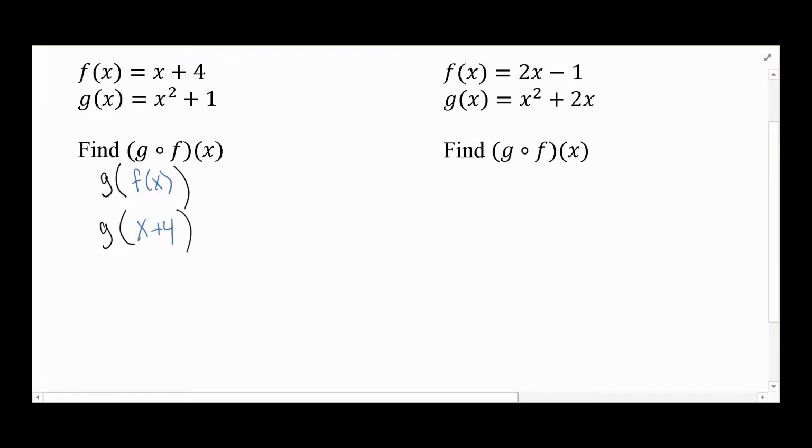And in this case, the g function is saying, whatever you're plugging in, square it, and then add 1 to it. That's what the g function is telling you to do. So remember, anywhere where there's an x in the problem, we should replace it with a big fat parenthesis. Now in our specific problem here, we're plugging in x plus 4.